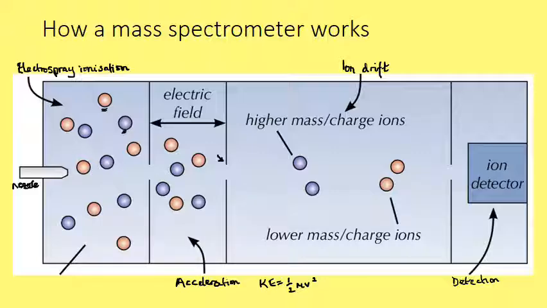And you'll see the different isotopes being separated by the electric field. You'll see them travelling at different speeds through the ion drift chamber, and then hitting a detector, and last of all you'll see the computer part of the machine making a simple spectrum for you.